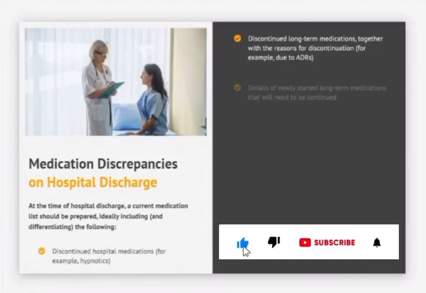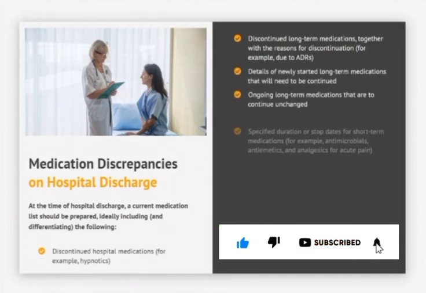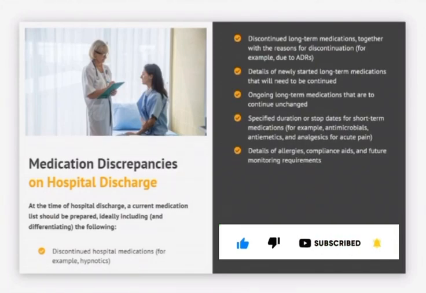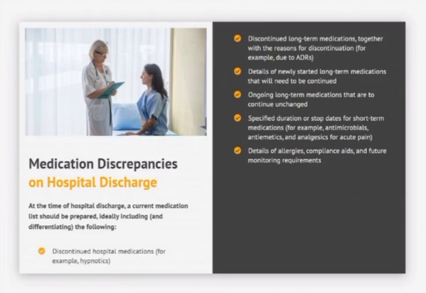Medication discrepancies on hospital discharge. At the time of hospital discharge, a current medication list should be prepared, ideally including and differentiating the following. Discontinued hospital medications, for example, hypnotics. Discontinued long-term medications, together with the reasons for discontinuation, for example, due to ADRs.